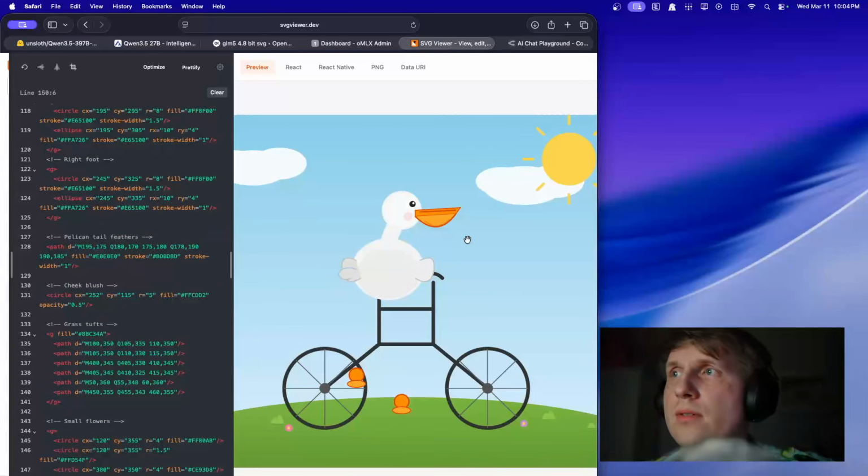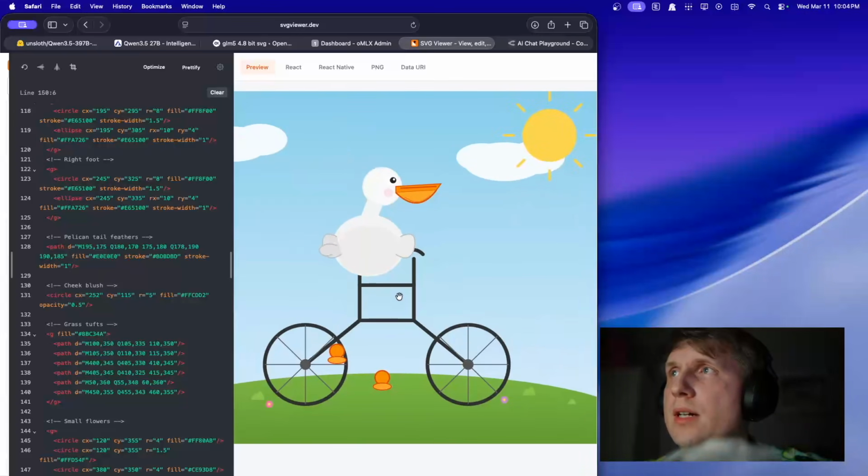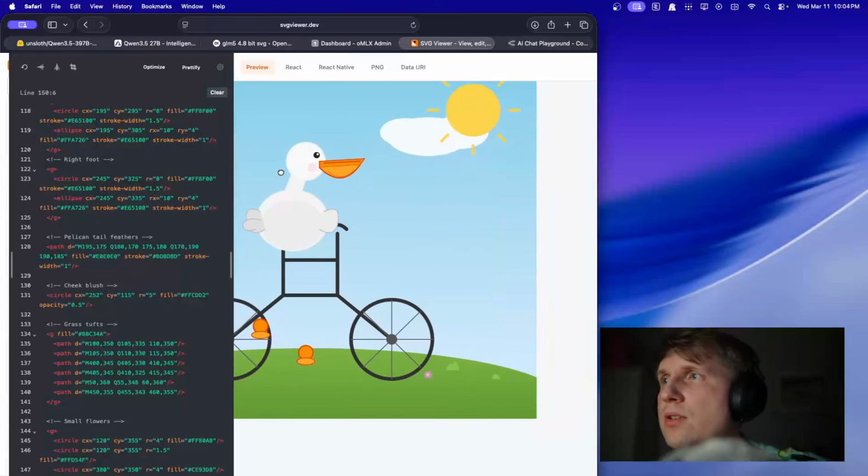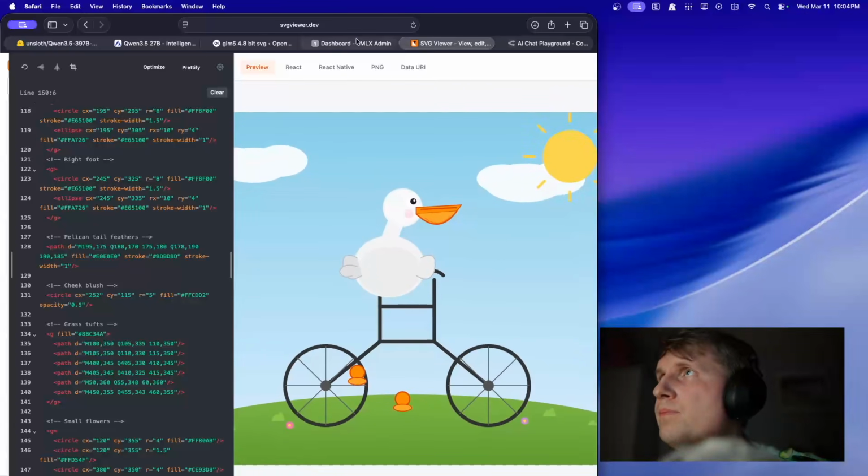All right, so as we can see, the Pelican does have a beak and everything, but it's missing its legs, and it doesn't look like there's a chair for the bike. Yeah, so the Pelican is basically missing its legs, but otherwise it's not bad.